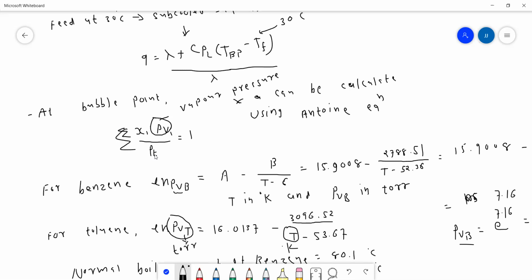As pt is constant, we can take 1 upon pt common, because pt will be in all the terms of the summation, and we can multiply here. So it is 1 atmosphere. Then the summation of xi pvi should be 1.